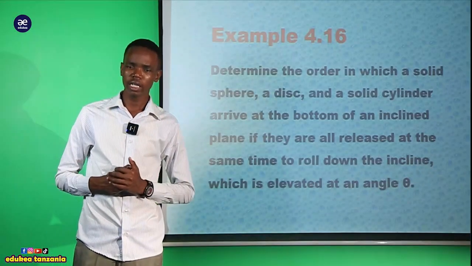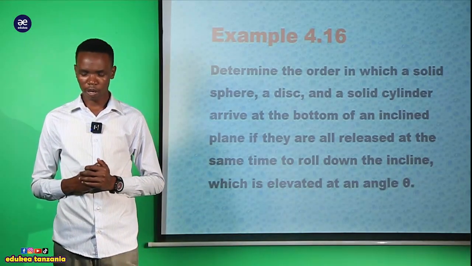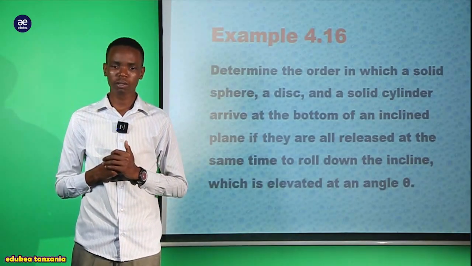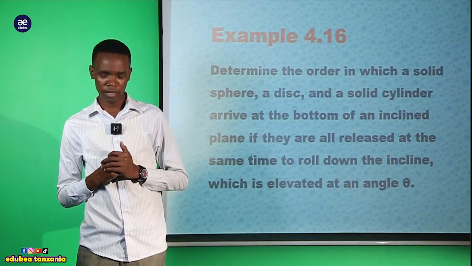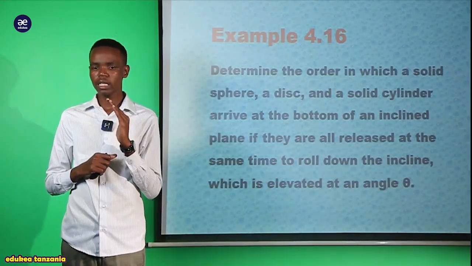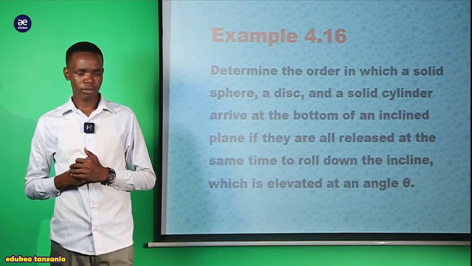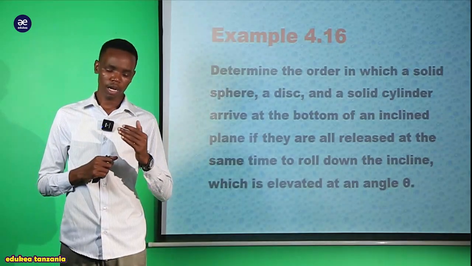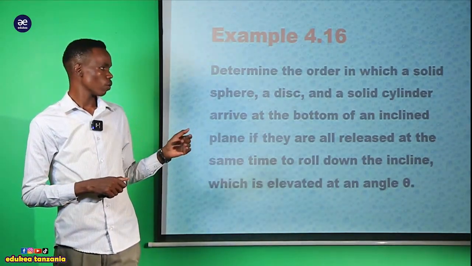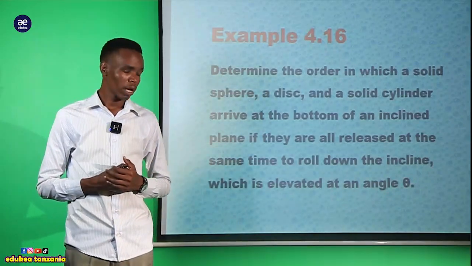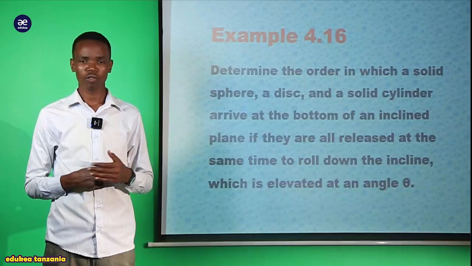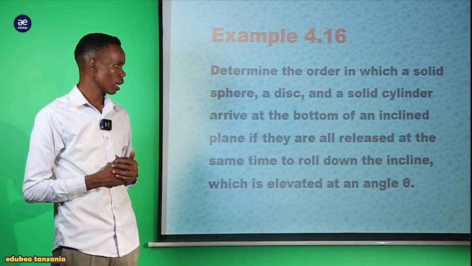Our example is explaining about an inclined plane. On that inclined plane we have three bodies. The first one is the solid cylinder, the second is a disk, and finally a solid sphere.